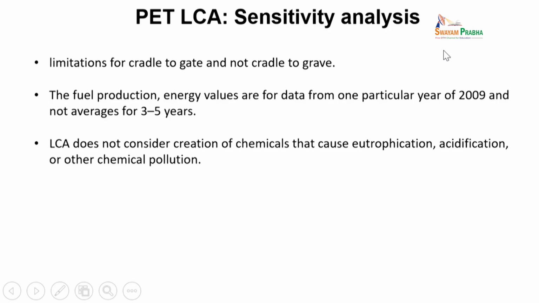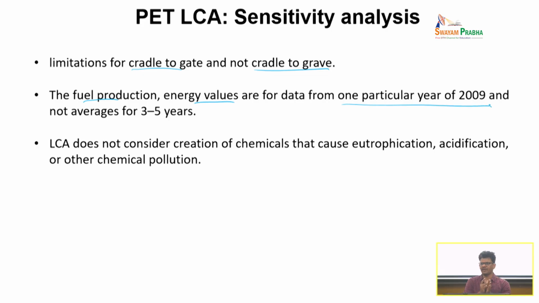As I said, in terms of sensitivity analysis, what they say is that clearly it is a cradle to gate, not a cradle to grave. So the comparison, if at all you make, is only with respect to the resin making, not the end of life scenario. The fuel production and energy values are all based on the data available as of 2009. The report came in 2011, but the data used was based on 2009.